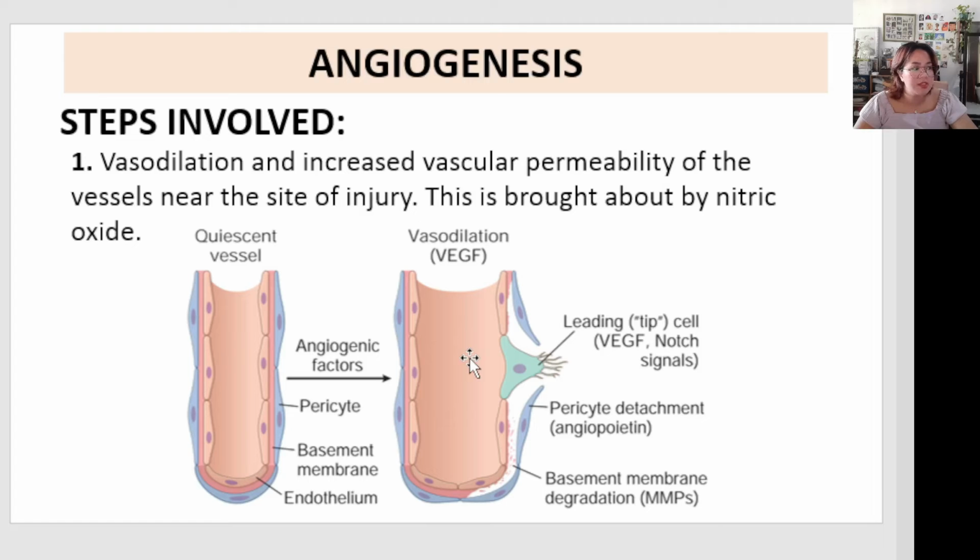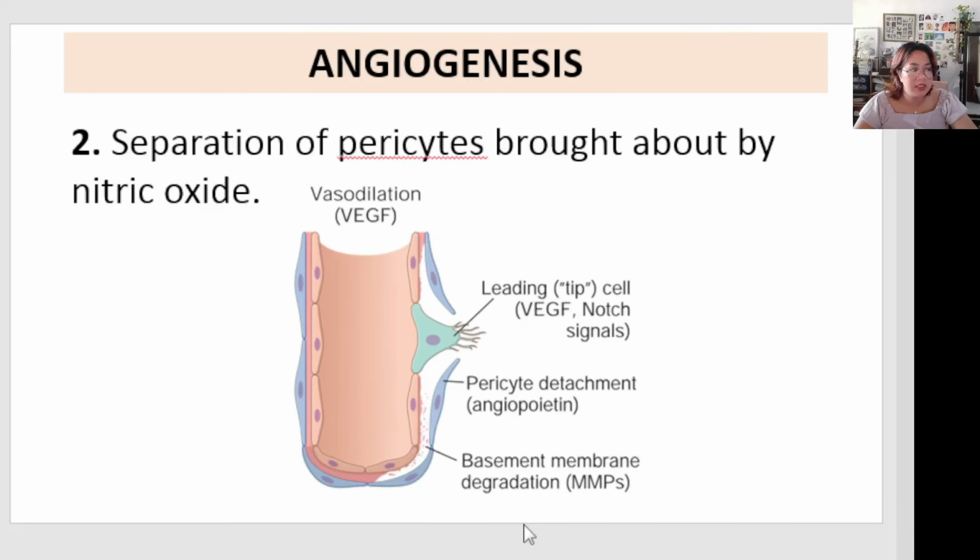So, after vasodilation, the pericytes which are surrounding the blood vessels tend to get separated because of nitric oxide. And then the basement membrane or BM is exposed as shown in the picture, and then you have the VEGF released by adjoining cells which are responsible for angiogenesis.